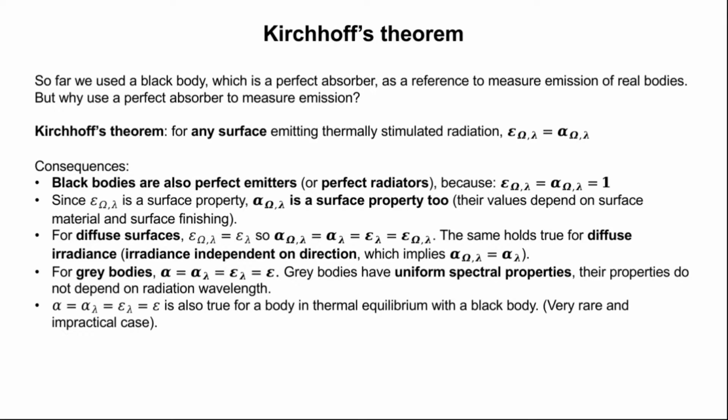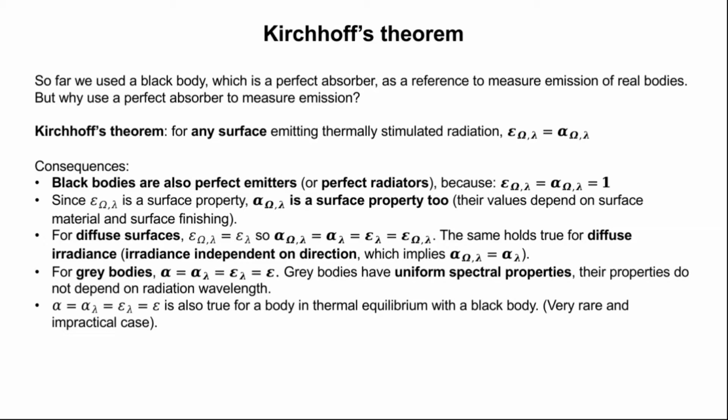So far we used a black body, which is a perfect absorber, as a reference to measure emission of real bodies. But why use a perfect absorber to measure emission? The answer stands in Kirchhoff's theorem, which states that, for any surface emitting thermally stimulated radiation, the directional spectral emissivity is equal to the directional spectral absorptivity.